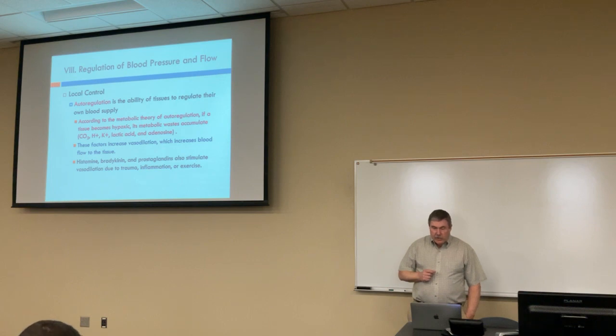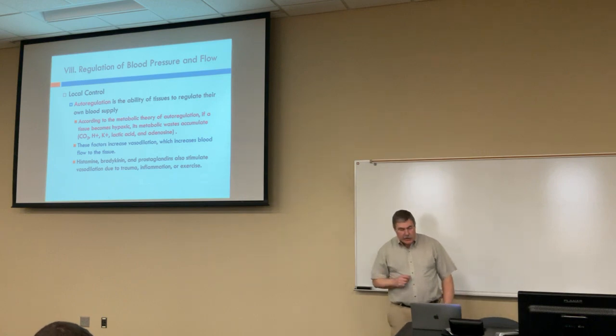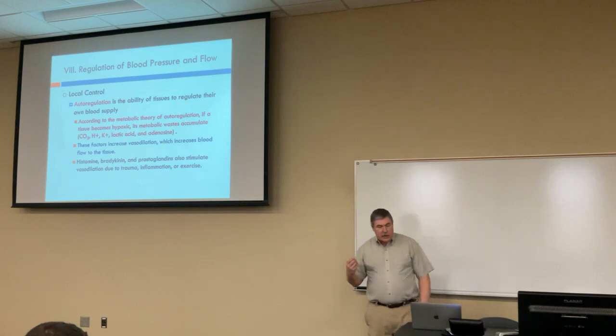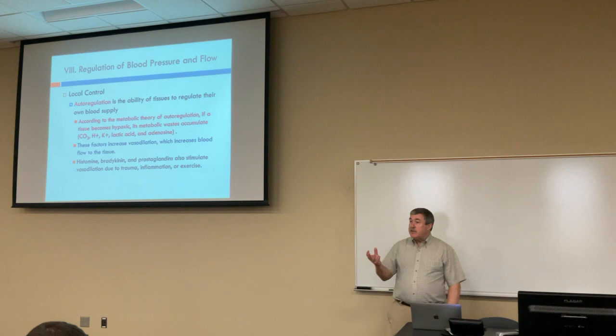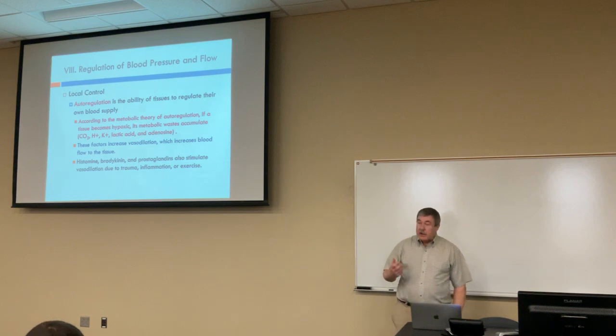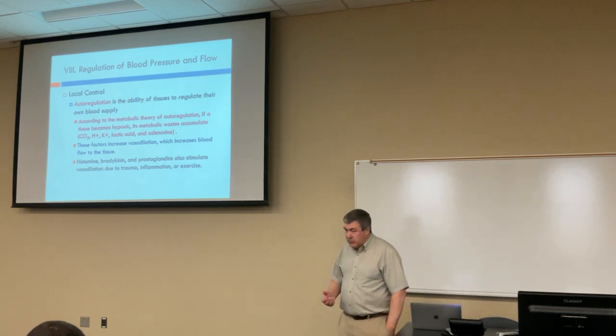One of these forms of local control is called metabolic autoregulation. Autoregulation of blood flow occurs if tissues start to become hypoxic because there's insufficient oxygen. That could be as a result of a lack of sufficient blood flow.